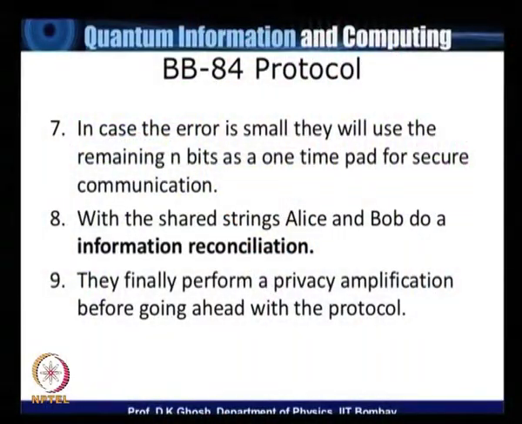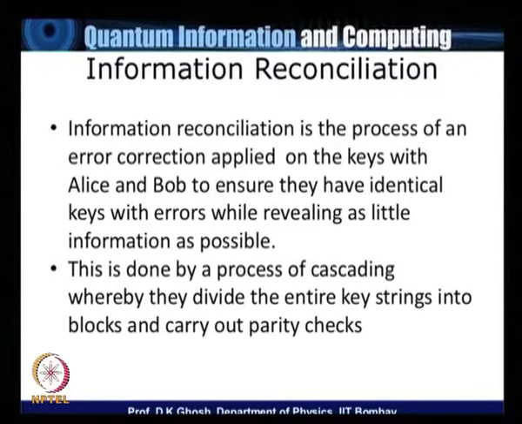At that stage, they will do two different processes. They will follow up their agreement of the secret n bits with what we call information reconciliation. And finally, they would do what is called privacy amplification before going ahead with the protocol. Now let me explain what these two things mean. I will not go into the details, but let's look at that.